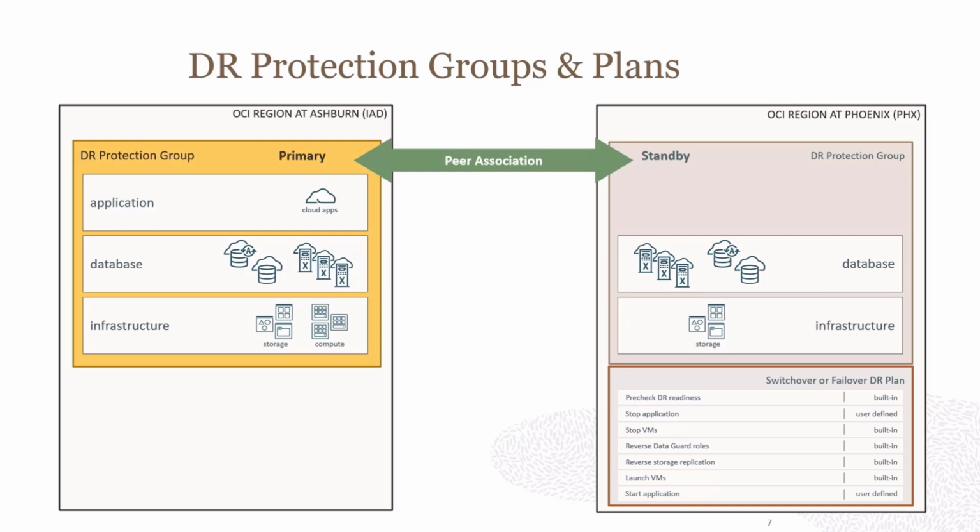Examples of built-in plan steps are launch compute instance and switchover databases. The user-defined groups or steps are added to the DR plan after FSDR creates the DR plan. Examples are to start and stop an application using scripts or call out an OCI function.